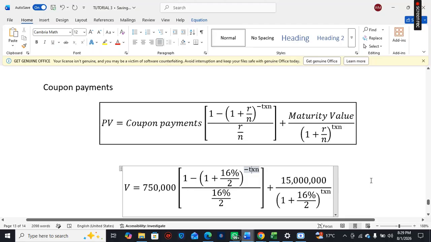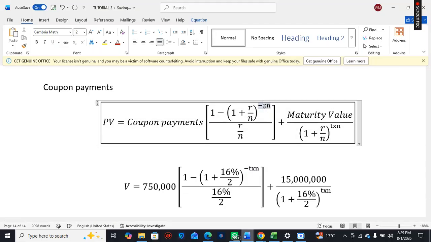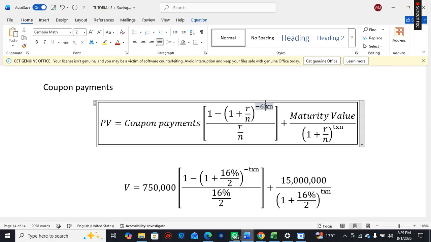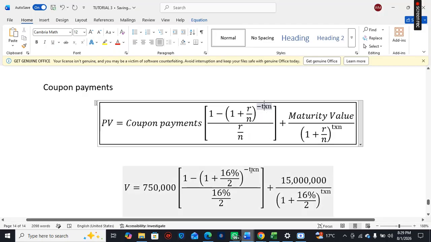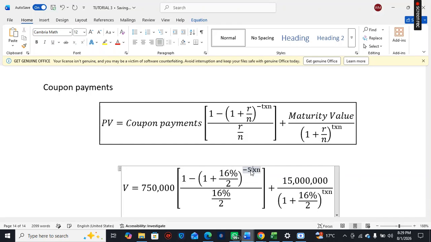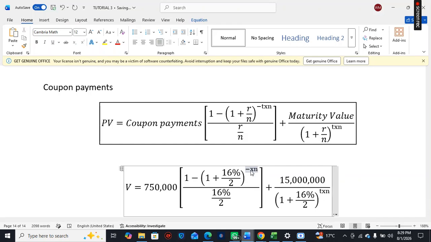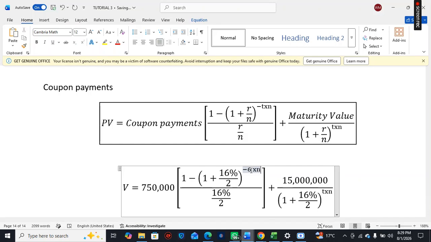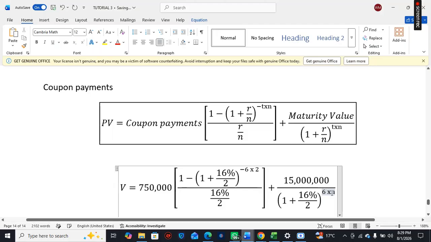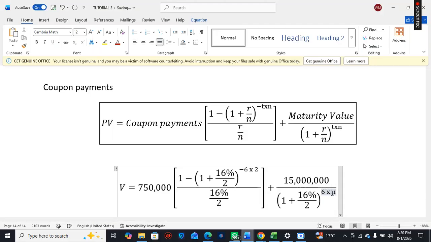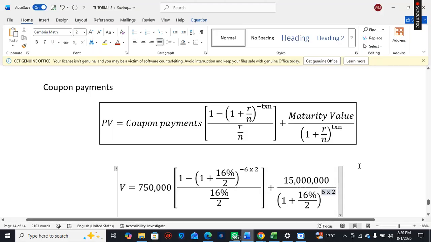So we're going to say -6 multiplied by the number of compoundings, which is 2. Here +6 multiplied by 2.